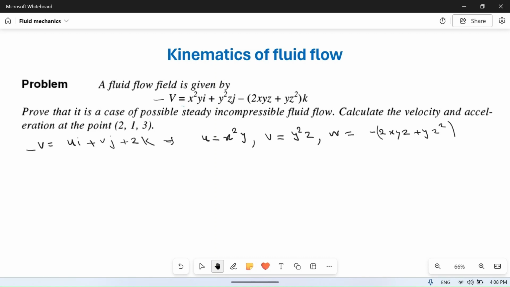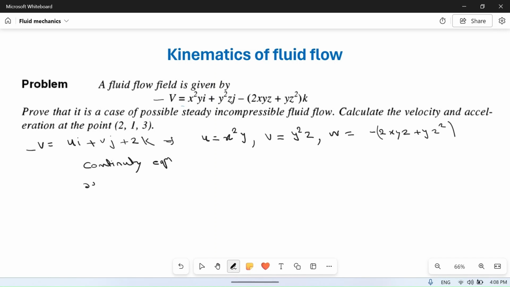Now we have to prove that it is a case of possible steady incompressible flow. To be a possible fluid flow, it has to satisfy the continuity equation. So what is the continuity equation?